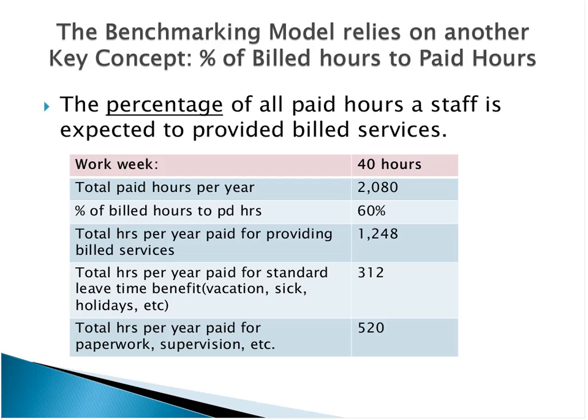Those can be supervision, paperwork, training, travel from site to site, and a whole variety of other tasks that are required of them that do not generate a billed unit.